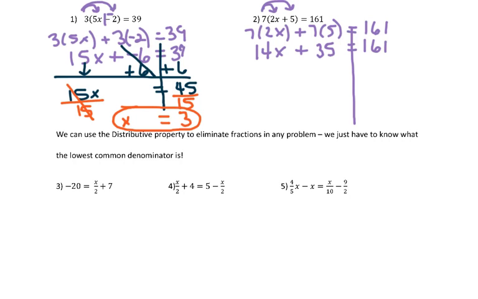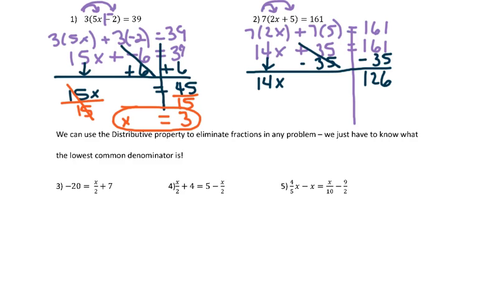We are ready to solve, so now I'm going to get rid of the plus 35 by subtracting 35 from both sides. The 14x drops down. 35 minus 35 is 0. 161 minus 35 is 126.